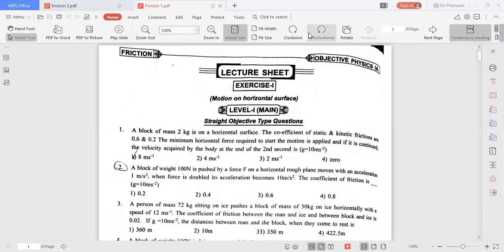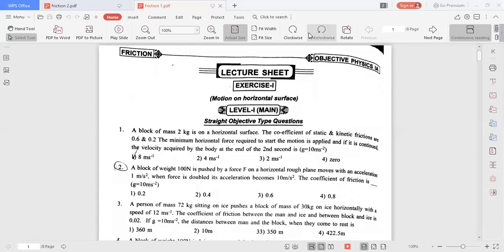So F2 is equal to mu2 times the normal reaction on the second block, m2g. mu2 is 0.1, 2 into 10. That is equal to 2 Newton. Definitely, the force applied on the second block is greater than this. That's why the two blocks move together.